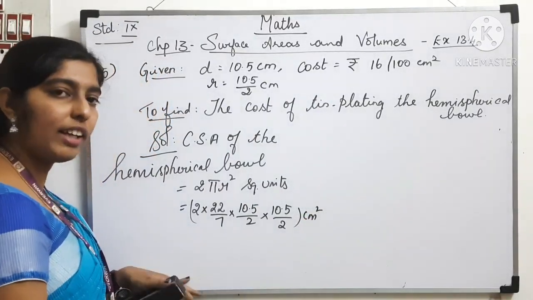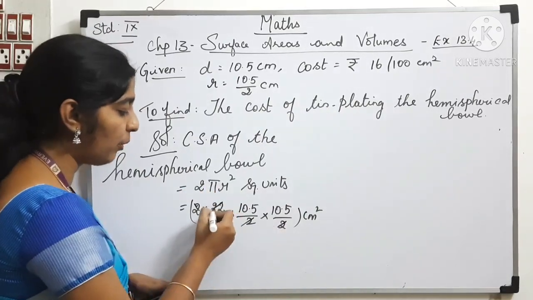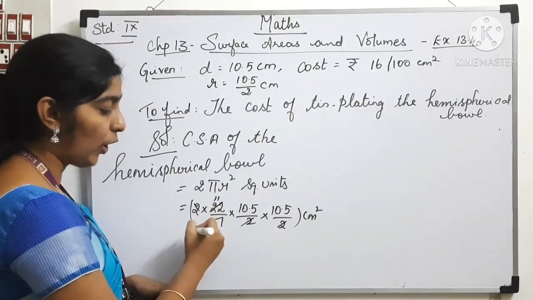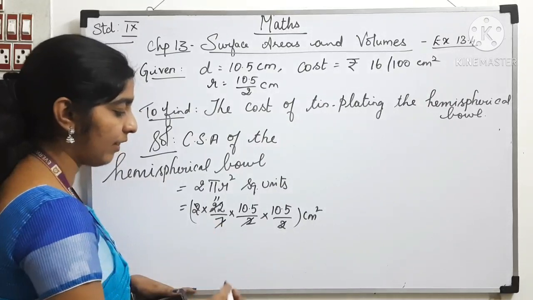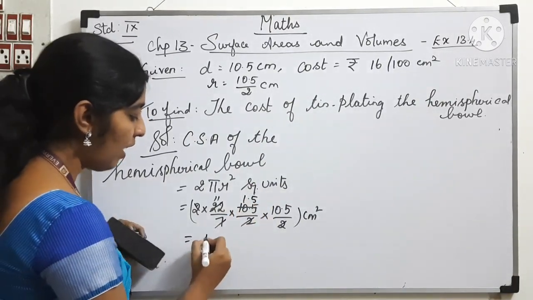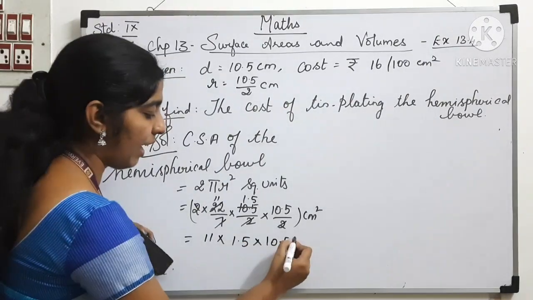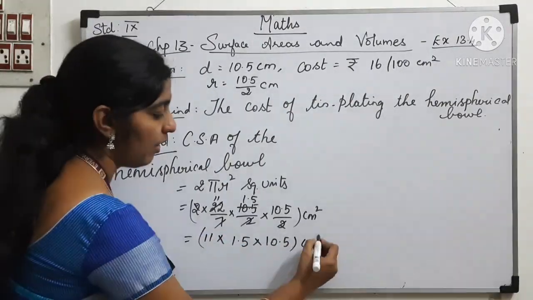Can you cancel anything in this? Yes. 2 and 2 will get cancelled. This 2 and 22 will get cancelled, giving 11. And also 7 and 10.5 will get cancelled, leaving 1.5. So what is left now? 11 into 1.5 into 10.5 centimeter square.